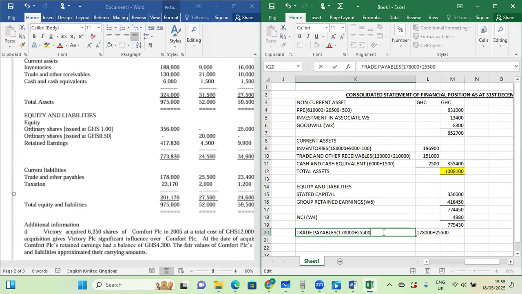So now, if the parent or subsidiary were to be having any payables from any of them, we would have taken it out. So if the parent was owing the subsidiary 2,000, we would have subtracted it from here, right? If the subsidiary was also owing the parent 2,000, we would have taken it out of here, right? But since there's nothing like that, move on.